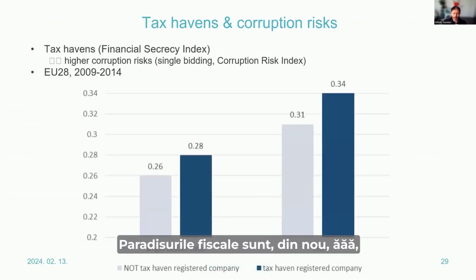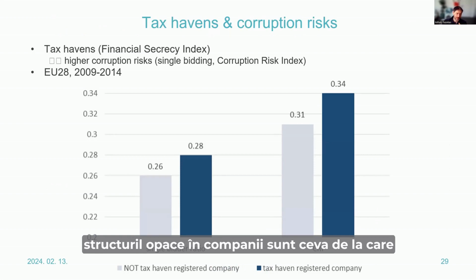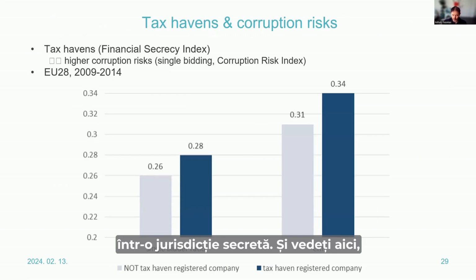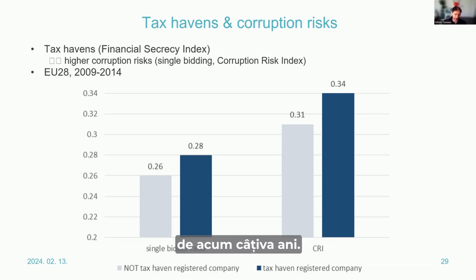Tax havens, or shell companies, or opaque company structures are something where we can think about single bidding and shell companies or secrecy jurisdiction registered companies. And you see here, this is data from all across the EU from a few years ago.